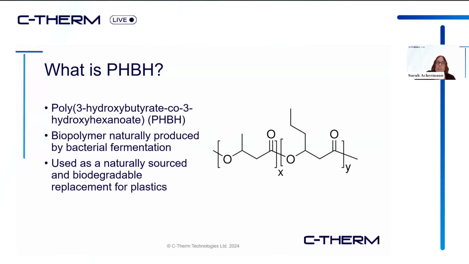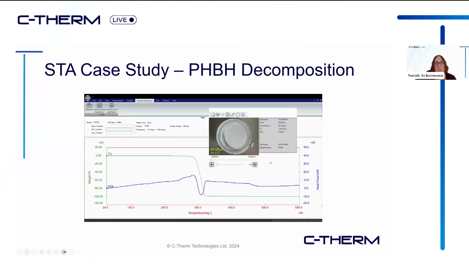And it's used as a naturally sourced and biodegradable replacement for many plastics that are on the market now, and it's still in development. So we don't see it in applications generally now, but we expect to start seeing it roll onto the market pretty soon, or maybe one of its derivatives.